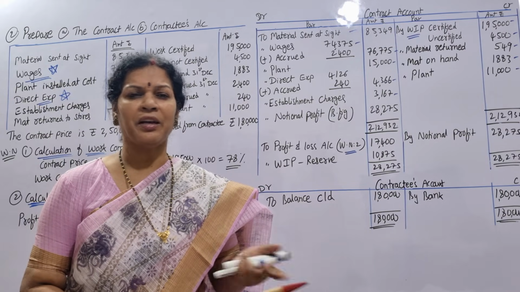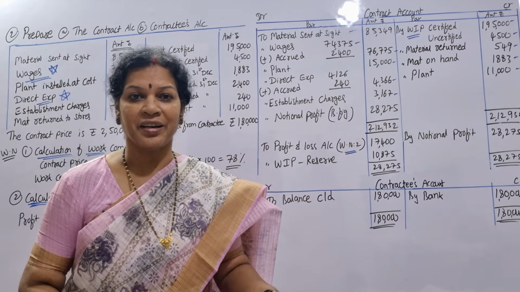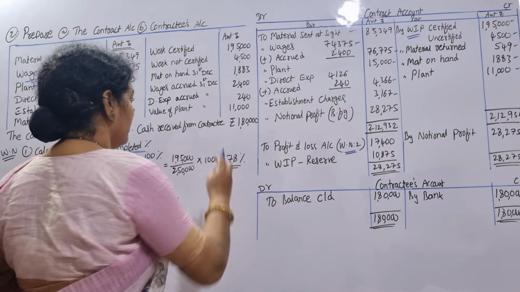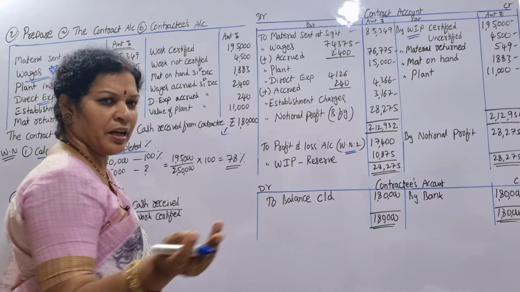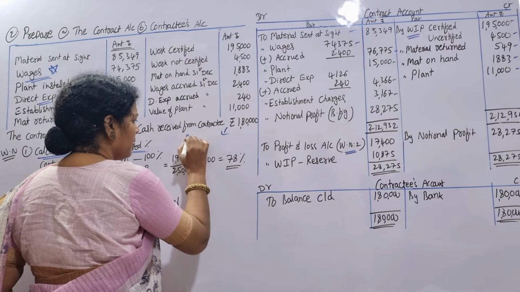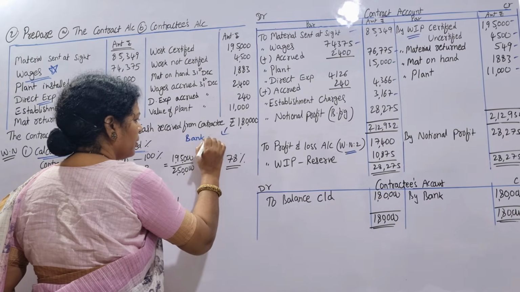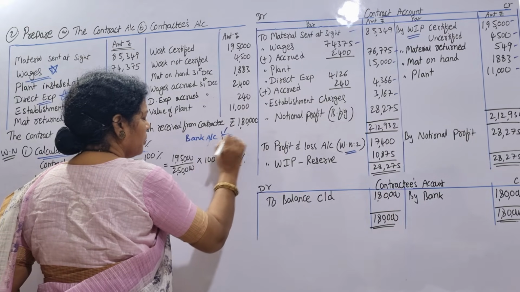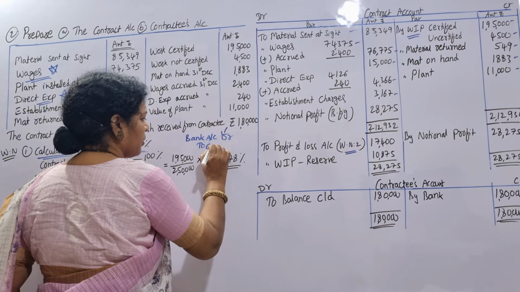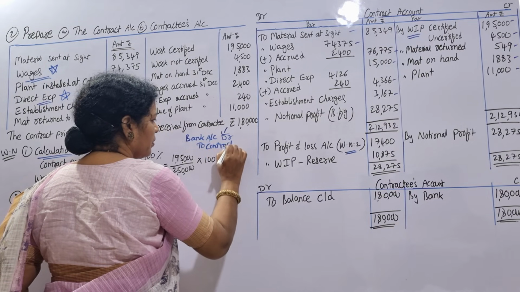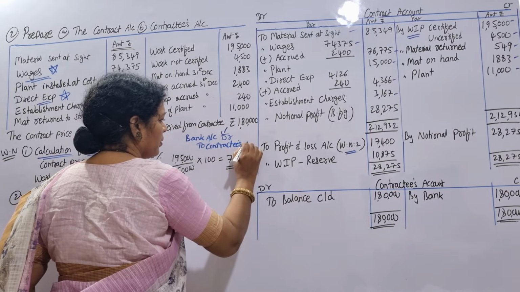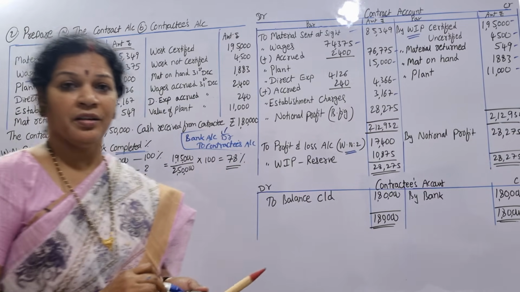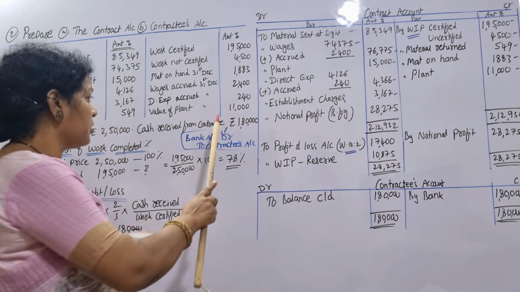Cash account or bank account debit to contractee's account. This is in the books of the contractor. So this is the one entry you will get.